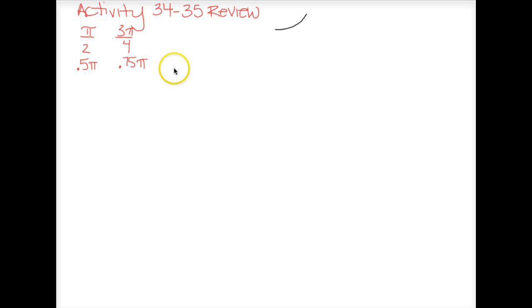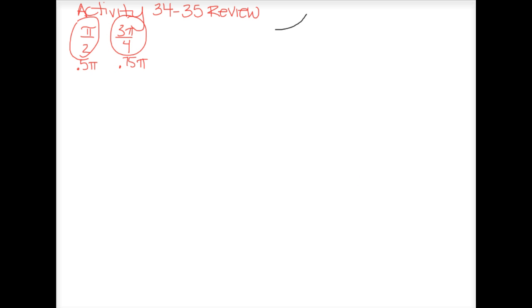Based on dividing the pieces of pi out, it looked to me like it was 2/3 pi, which would be about 0.67 pi. But I had some people in earlier classes put 5/8 pi, which would also work. Really, any value that falls between these two would be accepted for the period, because that's how long it is: somewhere bigger than pi over 2, but less than 3 pi over 4.